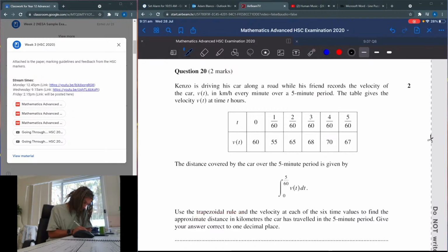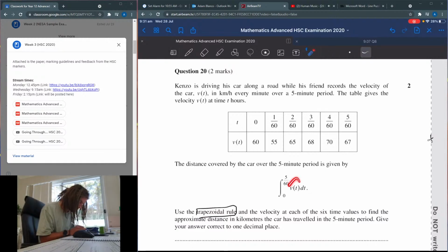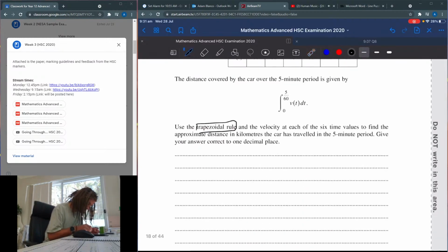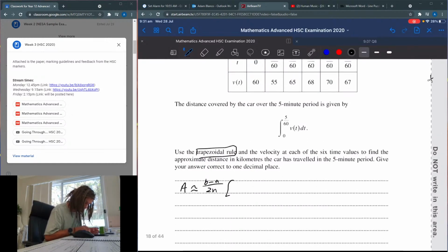Trapezoidal rule, okay. Nice of them to put in a table, nice of them to evaluate it, nice of them to not confuse me by giving me a function that I don't care about. I just need to use the trapezoidal rule. On the reference sheet, the area is approximately b minus a on 2n, outside of f of a plus f of b, and then plus 2 times all the other ones.